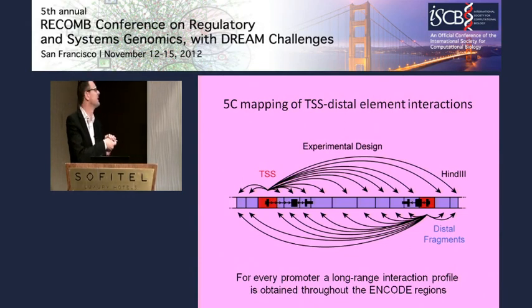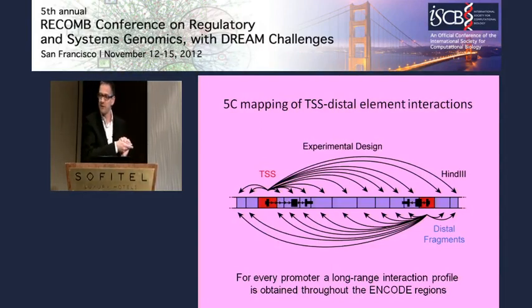In this case, we chose 628 transcriptional start sites located in that 30 megabase of the human genome, and we designed primers for the start sites. We designed the second set of primers in such a way that we would interrogate interactions between these start sites and all the flanking chromatin that are not a start site.